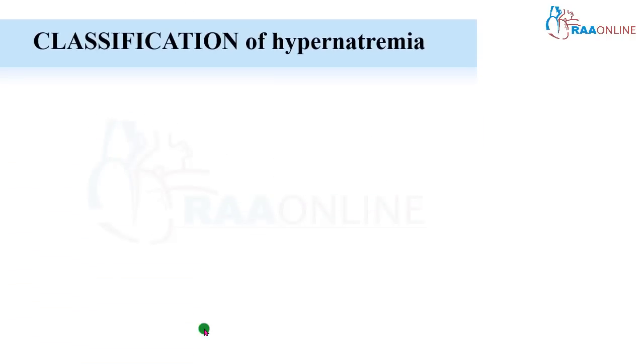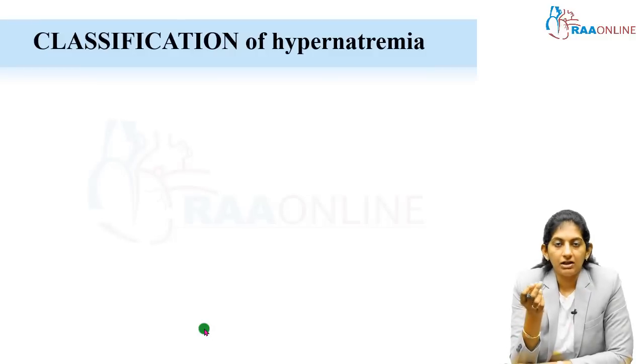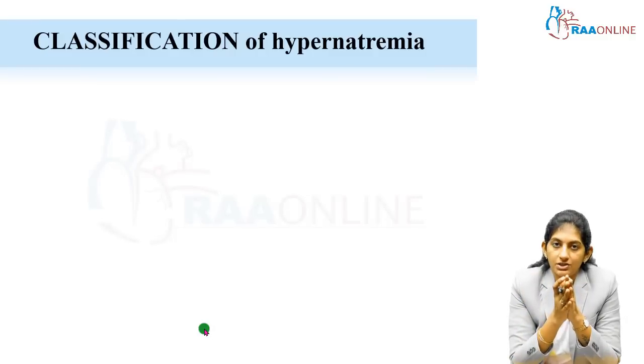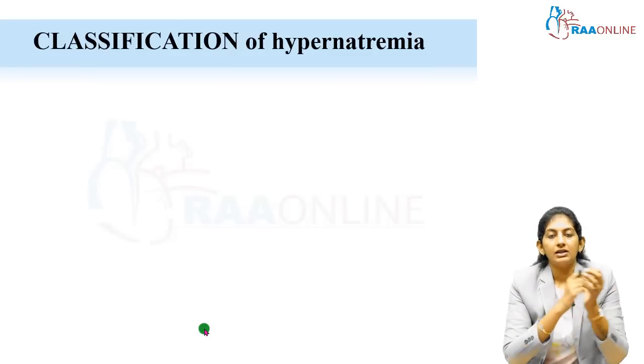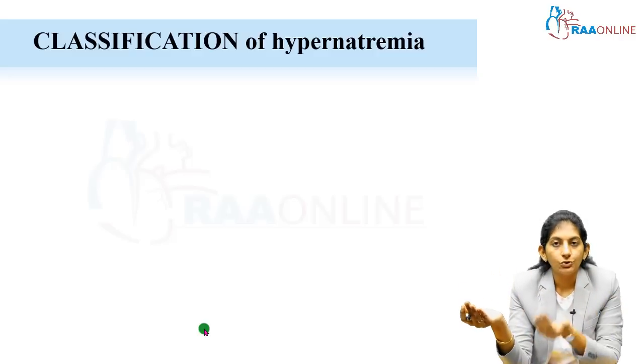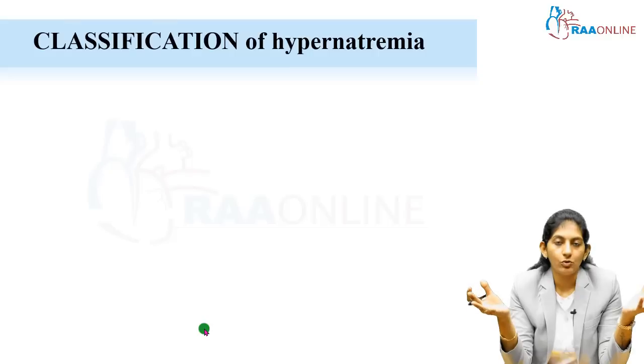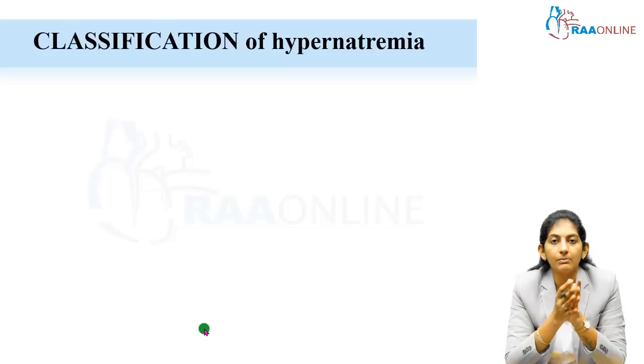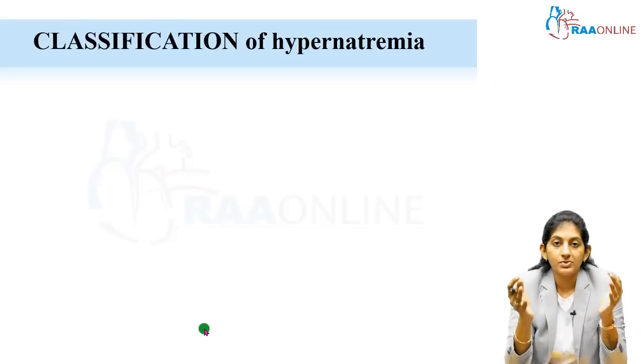So far we were telling the causes of hypernatremia, but to approach a case of hypernatremia, we should know the volume status of the child. In hypernatremia, the child can be either hypervolemic, euvolemic or hypovolemic. Depending on the underlying pathology, the child's volume status will change.